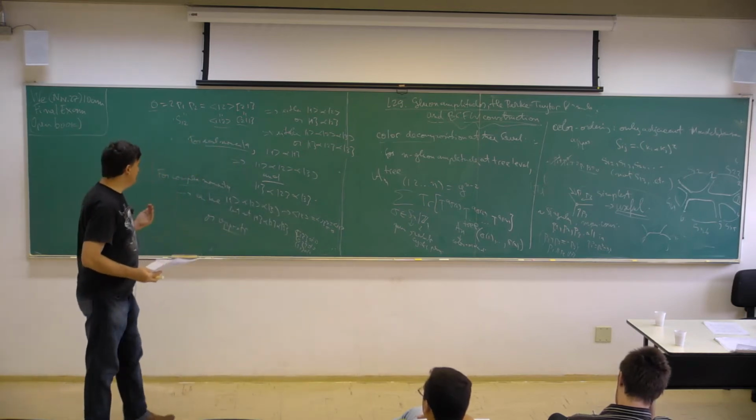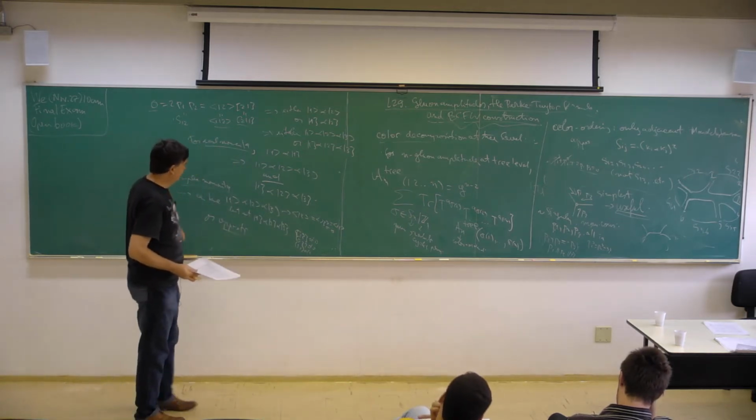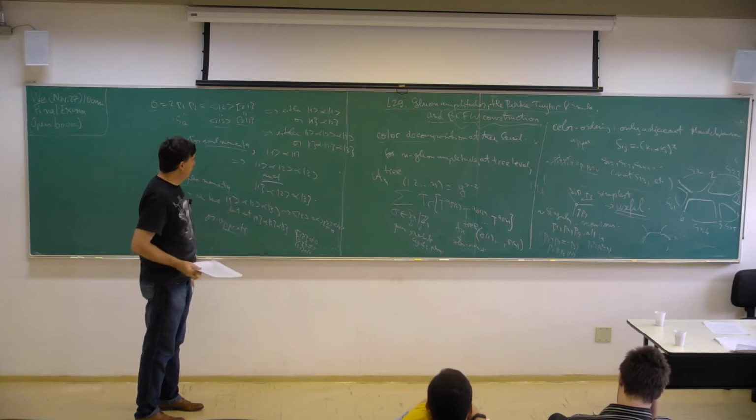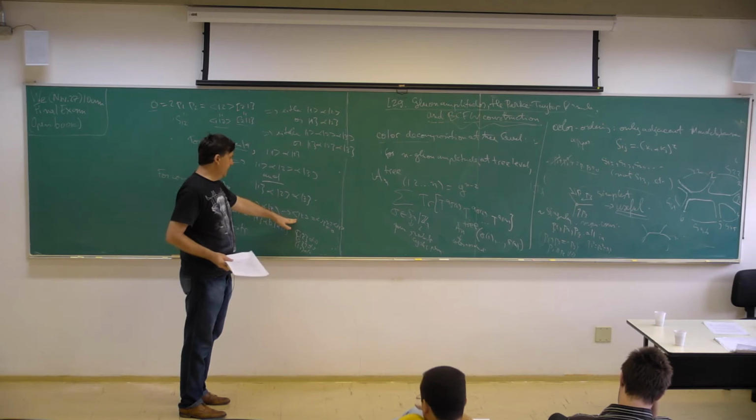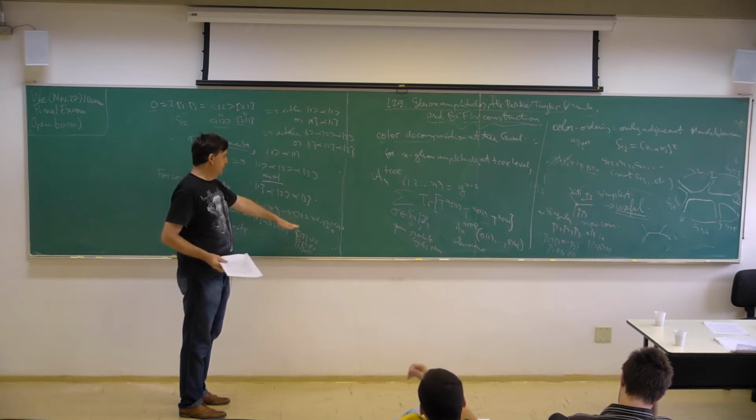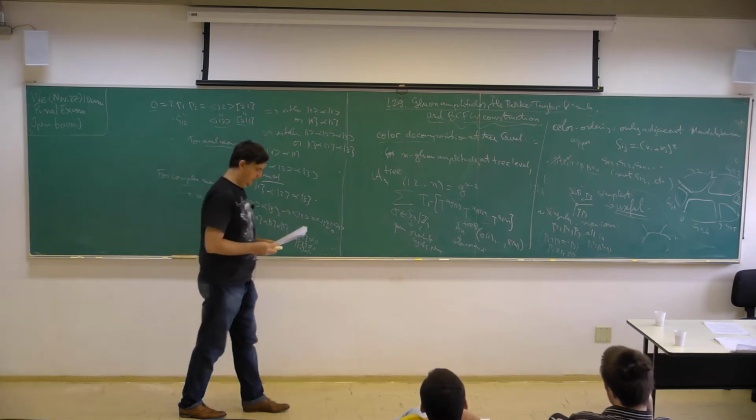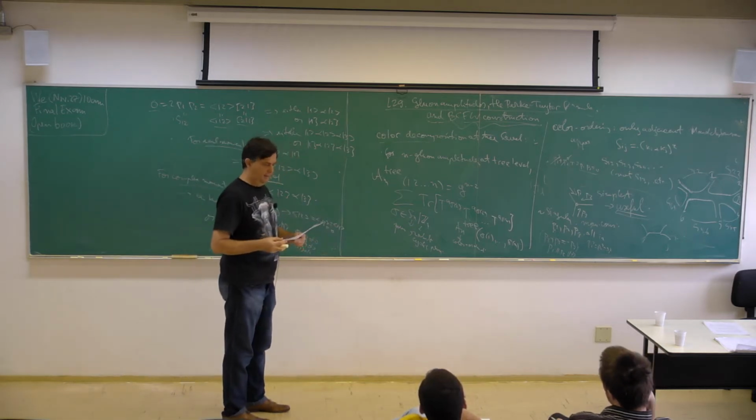So for complex momenta, I can choose one set of products, let's say the angle products, to be 0 and the bracket products to be non-zero, or the bracket products to be 0 and the angle products to be non-zero. Okay? That's the thing that will help us.